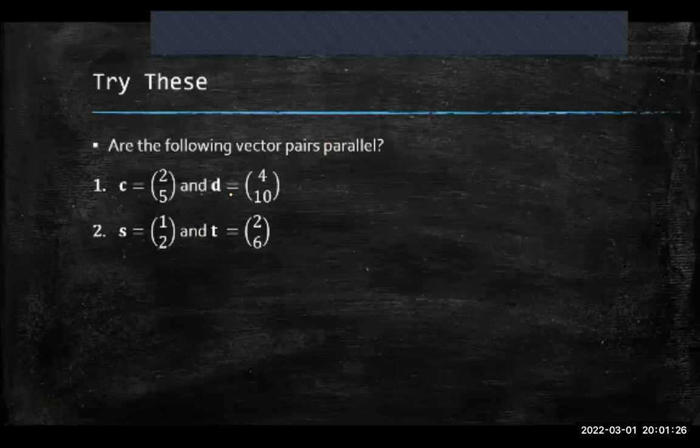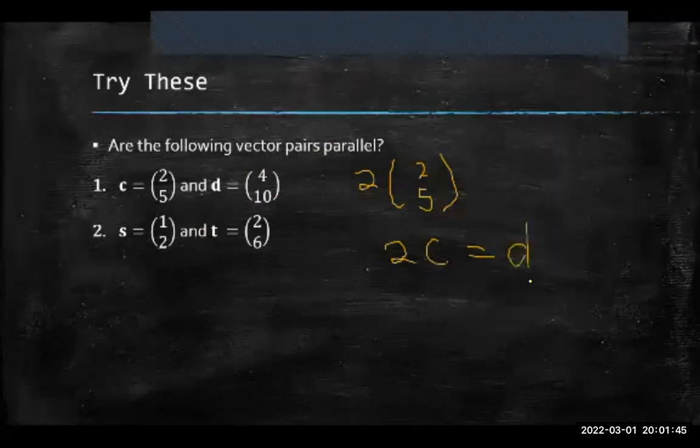If anybody does not see it, if you look at D, 4, 10 is the same as saying 2 by 2, 5. 2, 5 is C, and therefore 2C is equal to D. So these are in fact scalar multiples of each other.